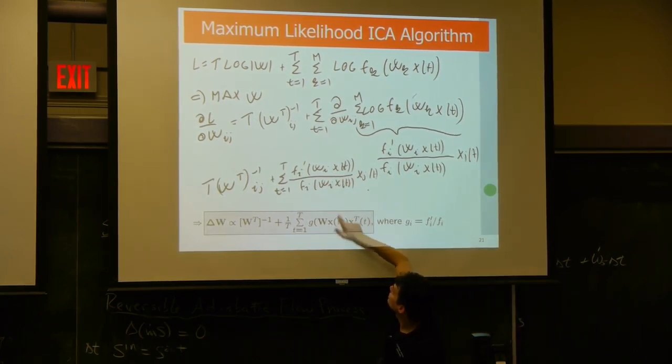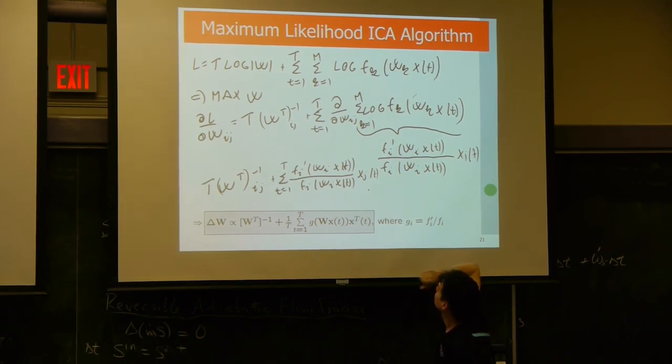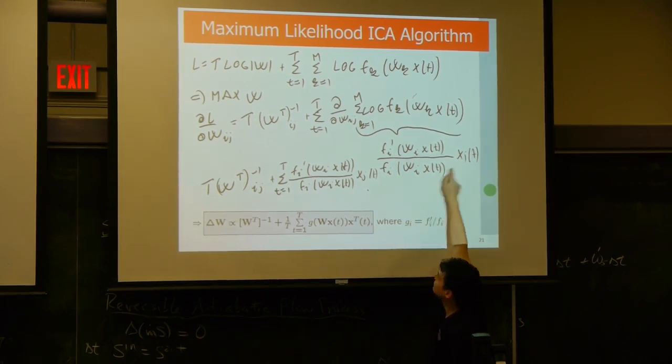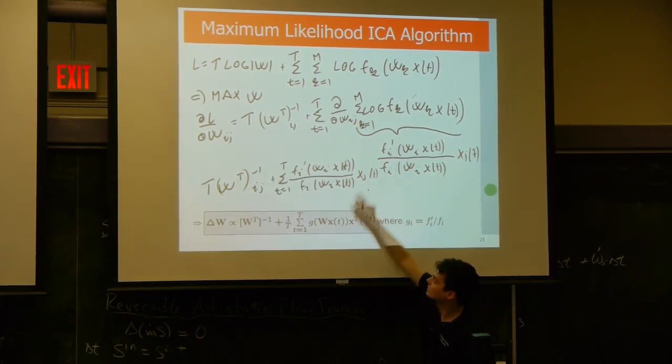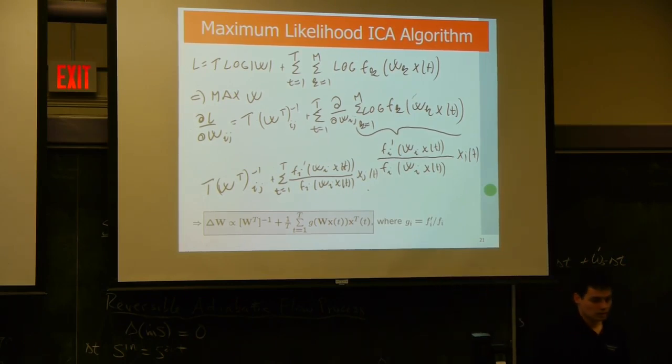This expression is g(Wx_t) multiplied by x_t transpose. Component-wise it looks a bit ugly, but if you put things together, if it's too fast, you can check at home that you will get this line here.